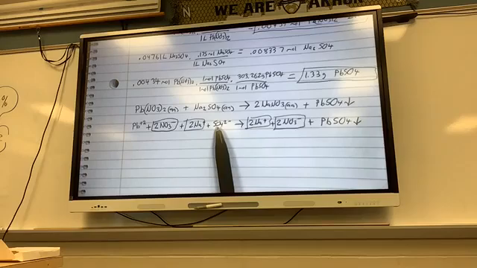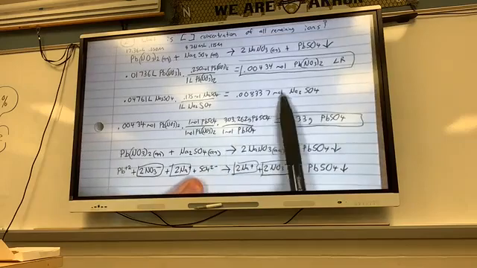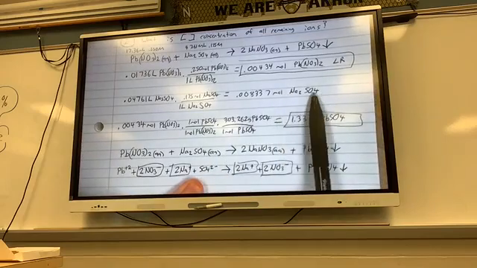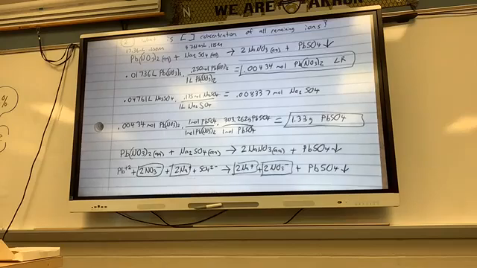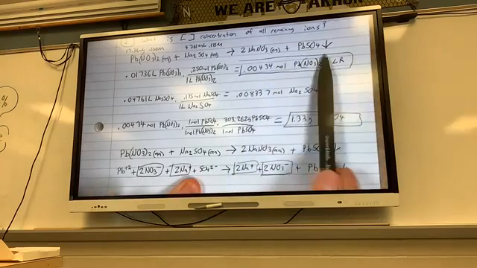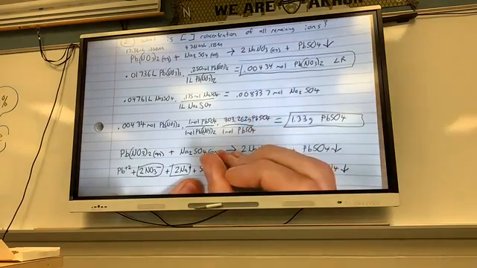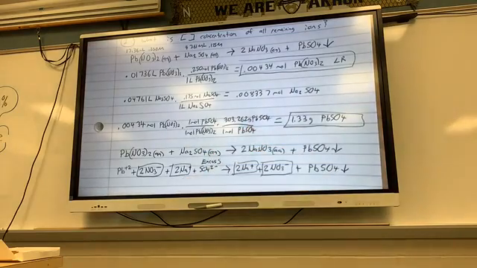SO4 2 minus is going to be a remaining ion, right? Because my SO4 is in excess. So I know I'm going to have to do something with my SO4 2 minus. Agreed?